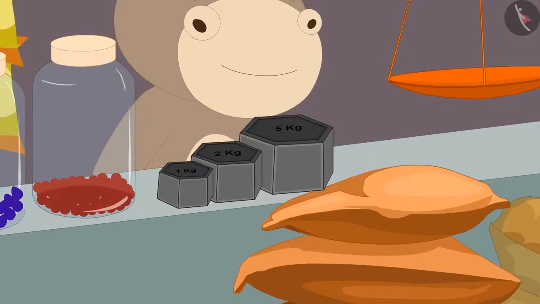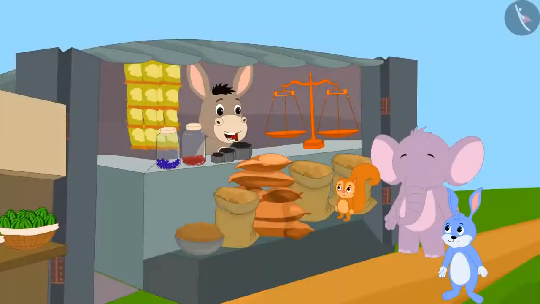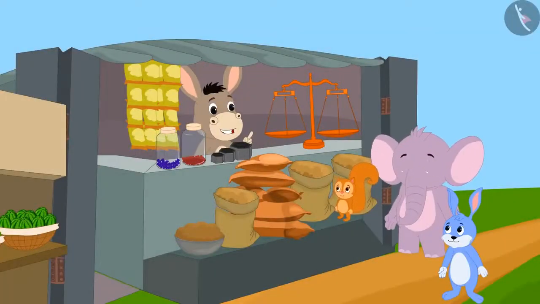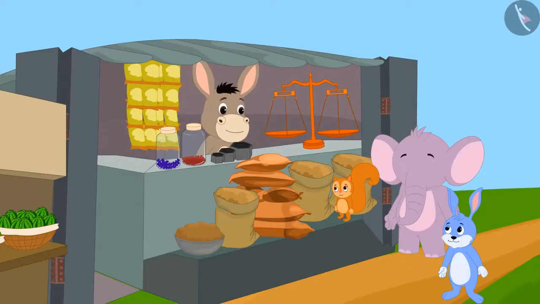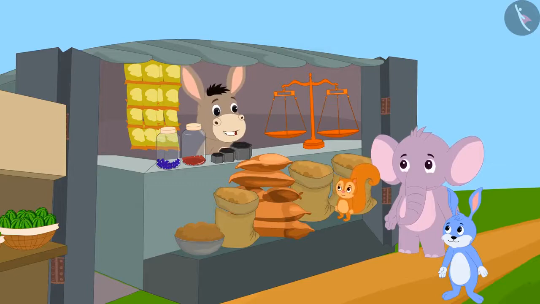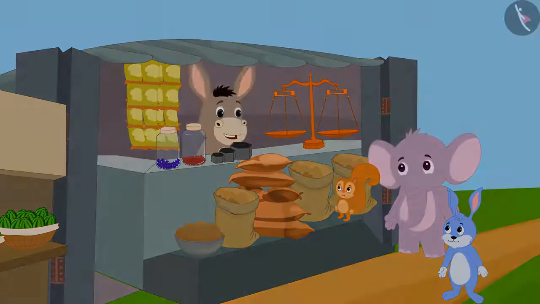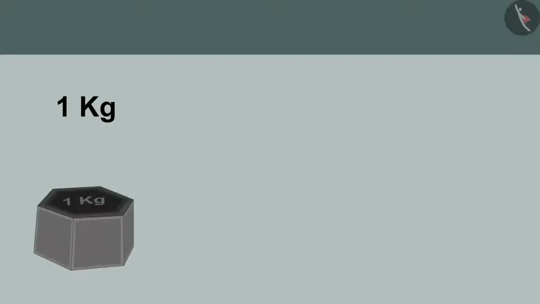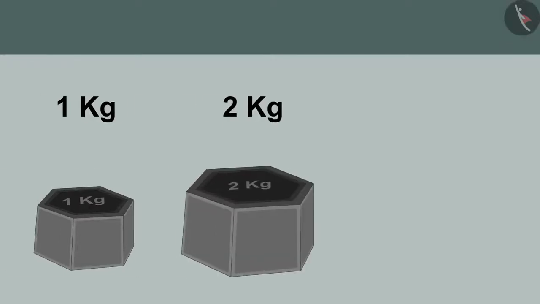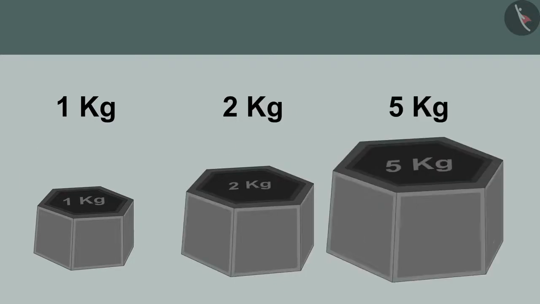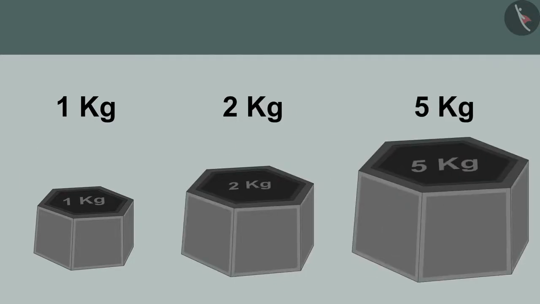Look at this. We can measure the weights of objects in kilos using this kind of weight. This weight is 1 kg. This is 2 kgs. And this is 5 kgs.